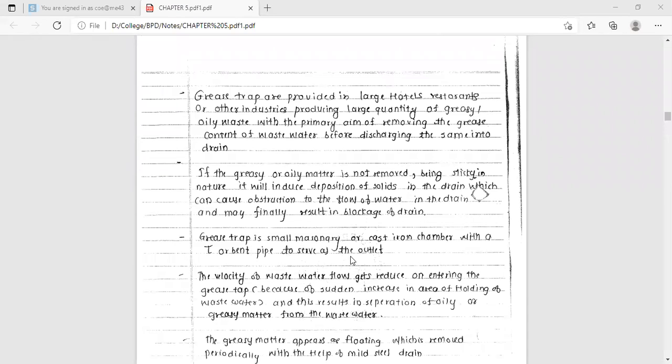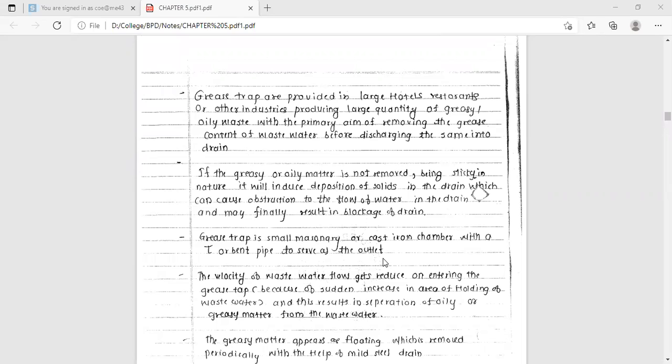And this grease trap is a small masonry or cast iron chamber with a T or bent pipe to serve as the outlet. Okay, by providing the bent pipe or T pipe, we can remove that greasy or oily material.